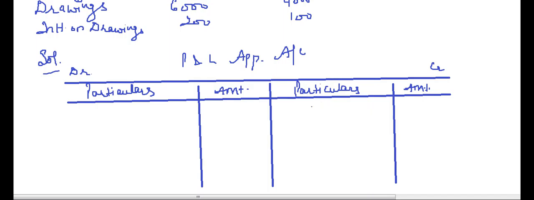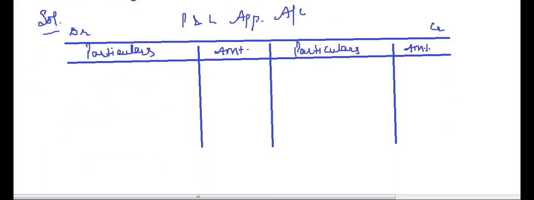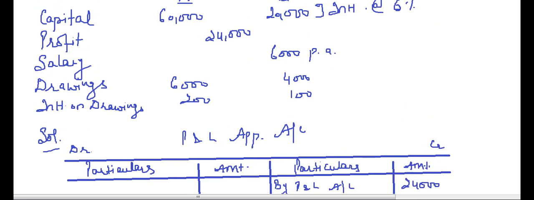So what is the first point? We have the profit. What is the profit? Profit of 24,000. We'll say by profit and loss account 24,000.